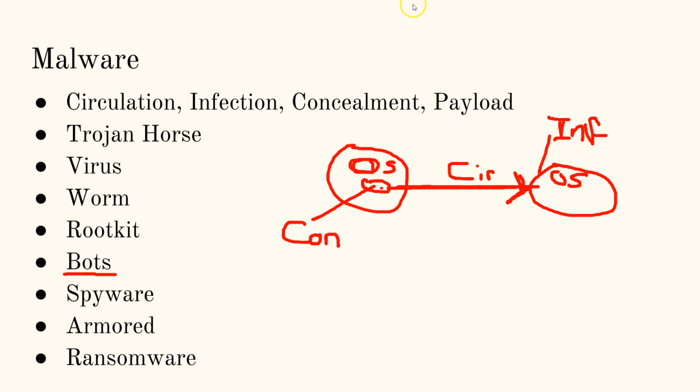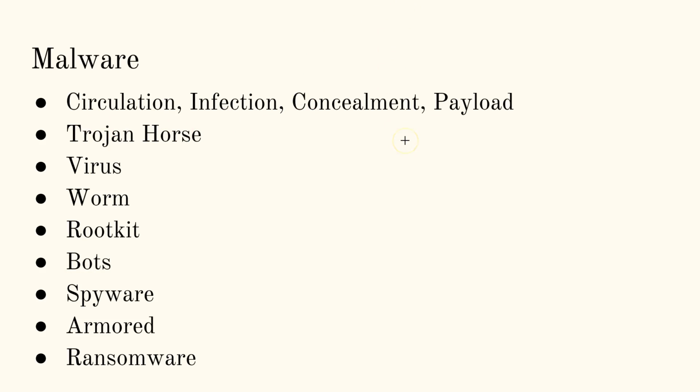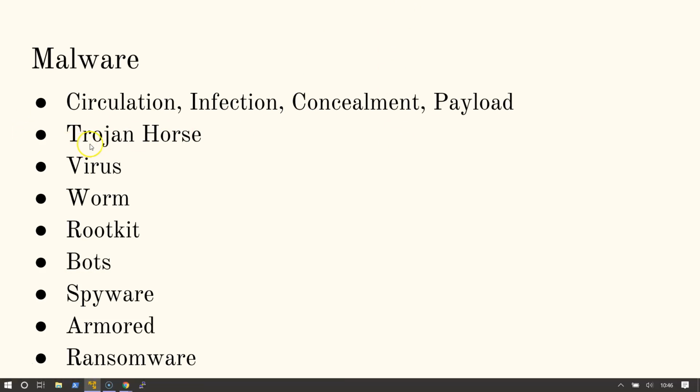Okay, so that being said, let's talk about the actual individuals. All right, so we have Trojan horse. A Trojan horse is essentially malware that either hides in legitimate software or pretends to be legitimate and useful software, so that the user will actually install it.